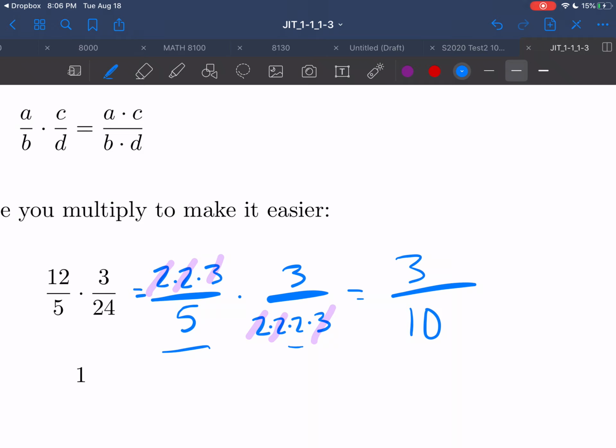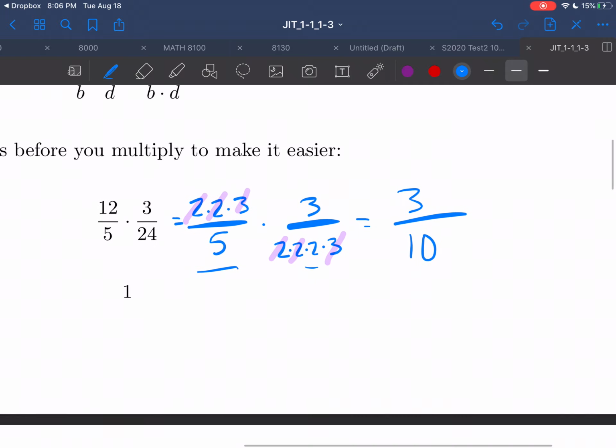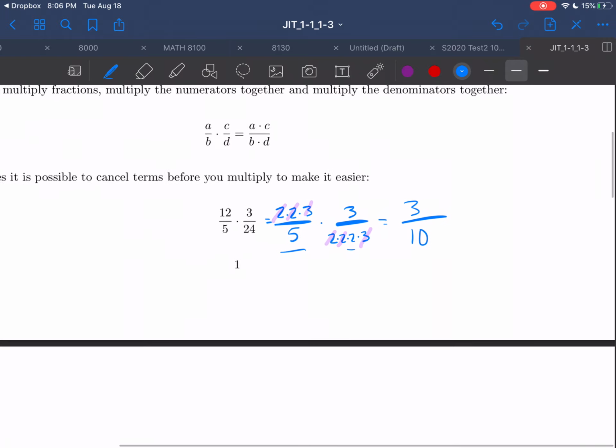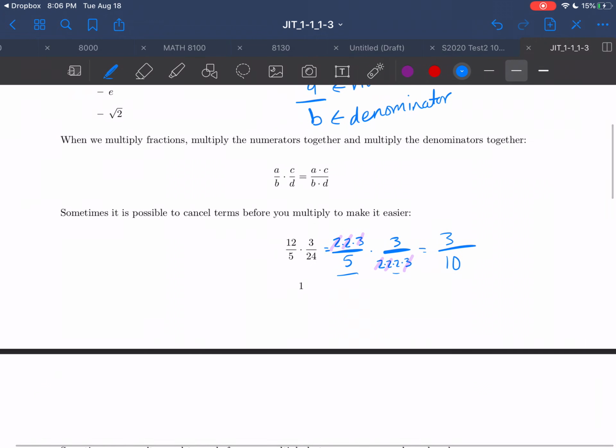And see, that was easier. We could have gotten the same answer if we would have just multiplied and then simplified, but this was a little bit easier. And when you're doing this, you won't necessarily have to write that out. I just wanted y'all to be able to see what was happening.